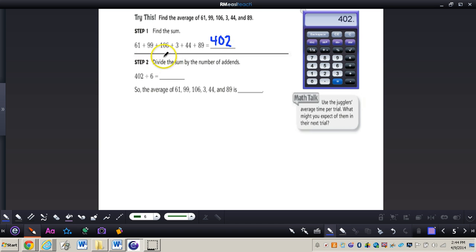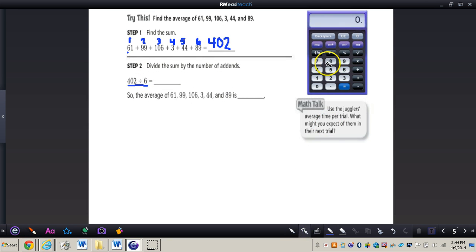Now in order to find the average, we have to divide the sum by the number of add-ins, or the amount of numbers that we have. So we can see 1, 2, 3, 4, 5, 6. We have 6, so we're going to take that 402 and divide it by 6.